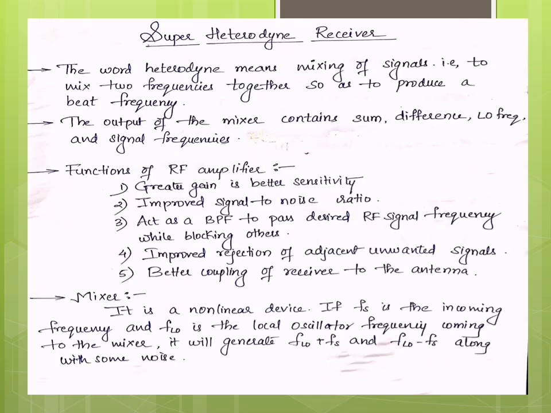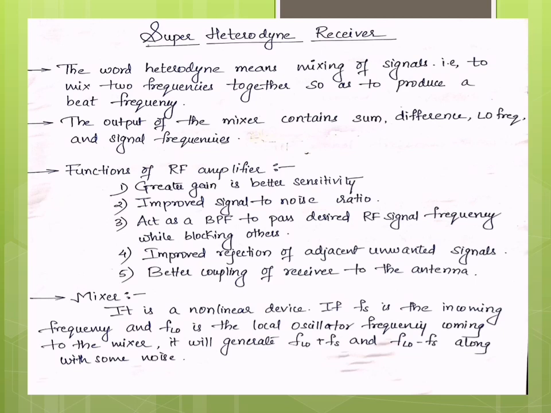The word heterodyne means mixing of signals, that is, mixing two frequencies together to produce a beat frequency. In our block diagram we have two frequencies, FLO and FS. FS comes from the RF amplifier stage and FLO comes from the local oscillator.